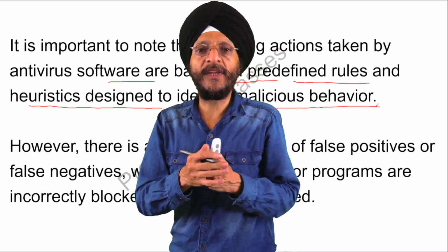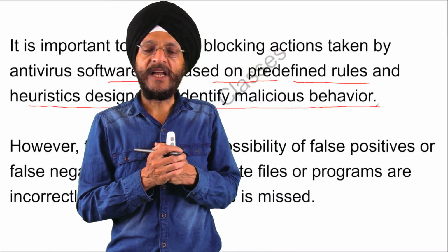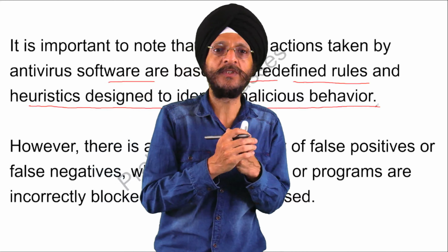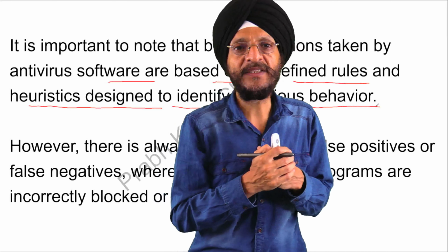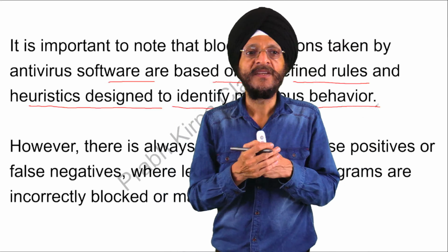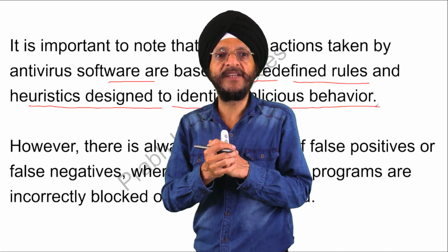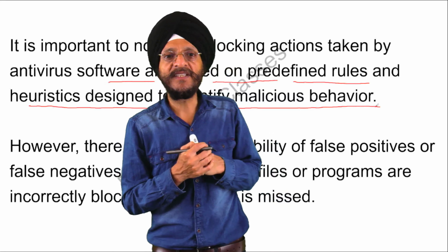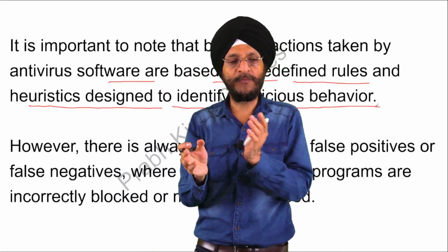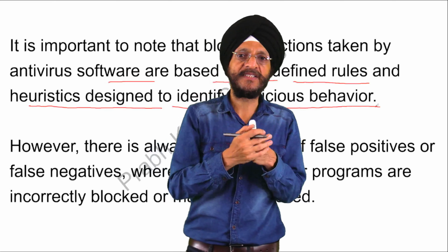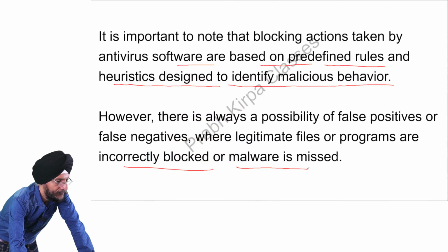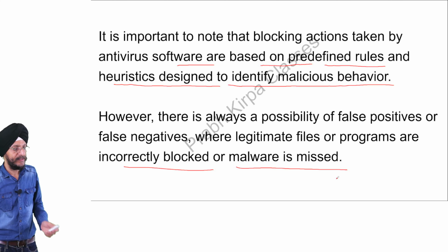This type of blocking is done only on the basis of the predefined rules and on the basis of the malicious behavior which has been identified by the heuristic analysis. However, there is always a possibility of false positive and false negative, where legitimate files or programs are incorrectly blocked or malware is missed.